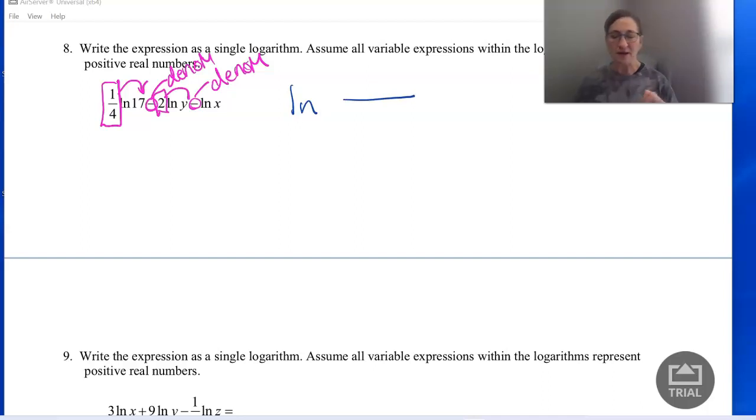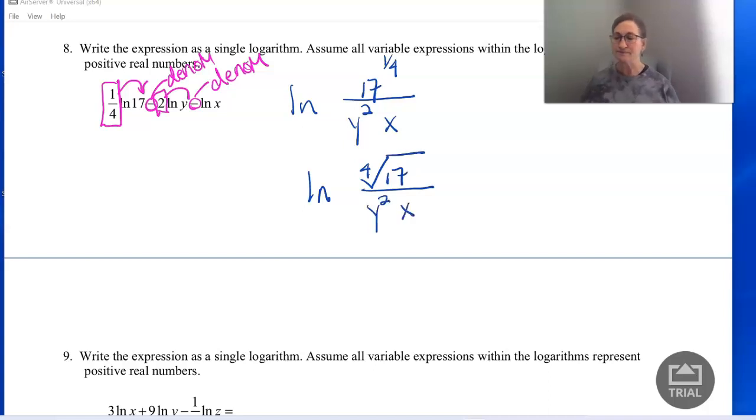On the top, it's going to be 17 to the 1/4. In the denominator, I'm going to have y squared times x. The only thing I'm not crazy about is that 17 to the 1/4. So I'm going to make this natural log of the 4th root of 17 over y squared x. Now I'm good.